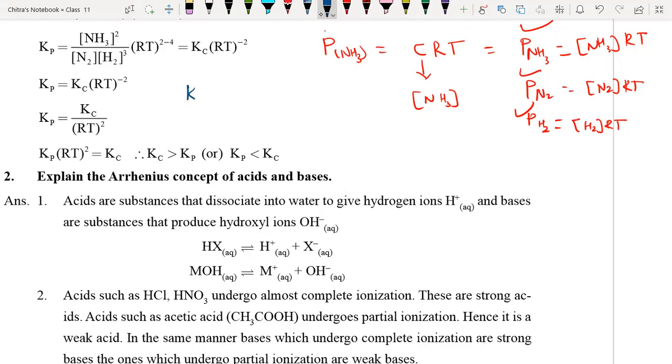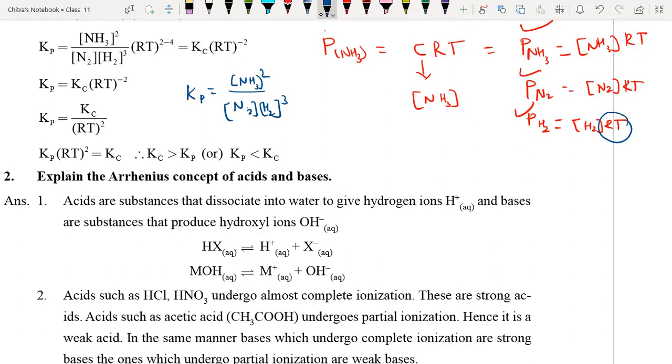So Kp for the reaction will be concentration of NH3 to the power 2 divided by concentration of N2 and concentration of H2 to the power 3, and we have RT here.